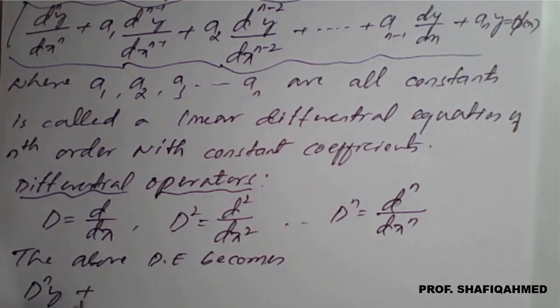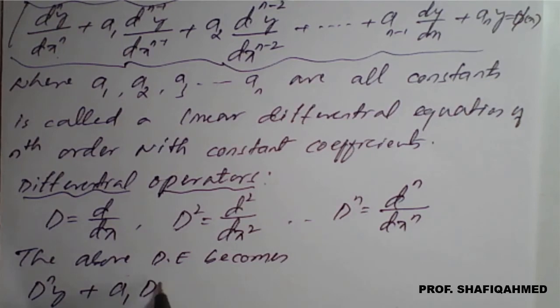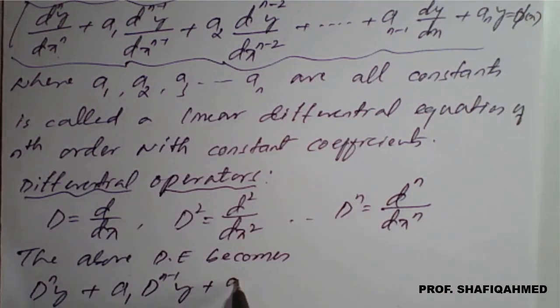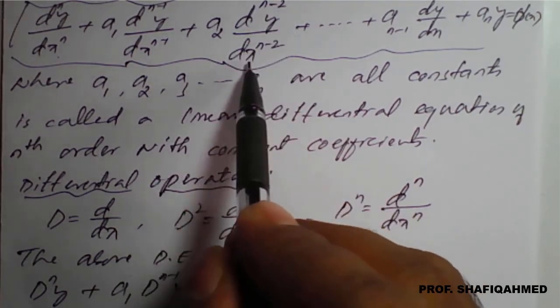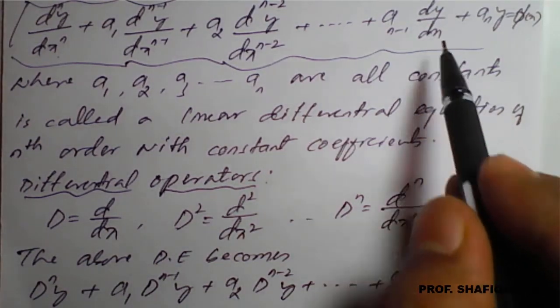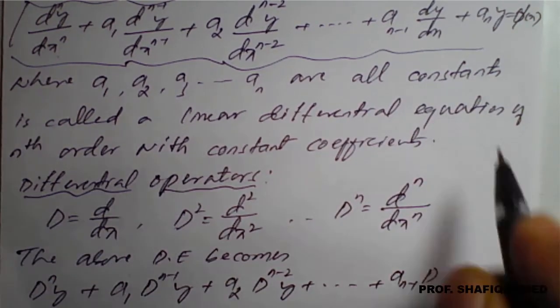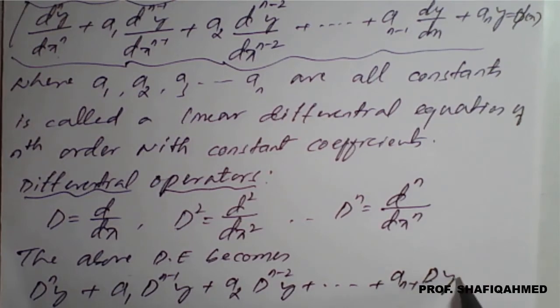So D raised to n of y, plus a1 into D raised to n minus 1 of y, plus a2 into D raised to n minus 2 of y, plus so on, plus a n minus 1 into D of y, since dy by dx is D of y, plus a n y, where there is no differentiation, is equal to phi of x.